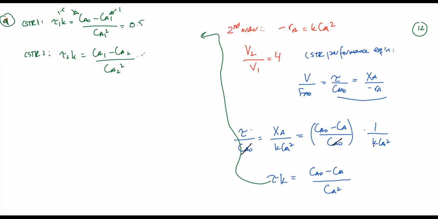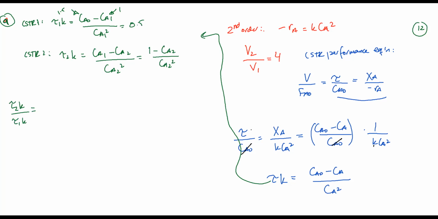This is 0.5, and this one right here will be 1 minus CA2 divided by CA2 squared. I'm going to divide them by each other. So tau 2 K divided by tau 1 K is equal to, that is equal to what? 4, right?